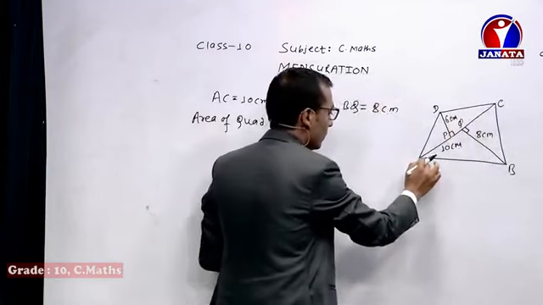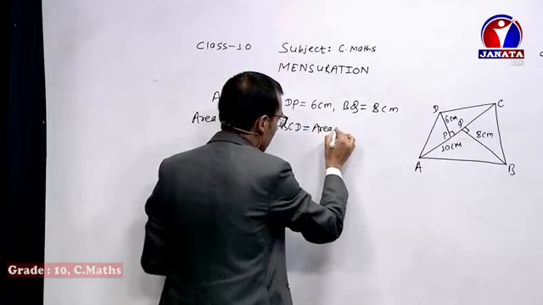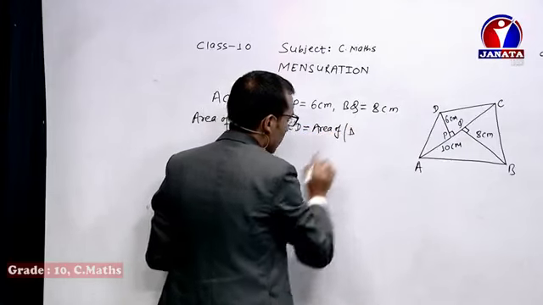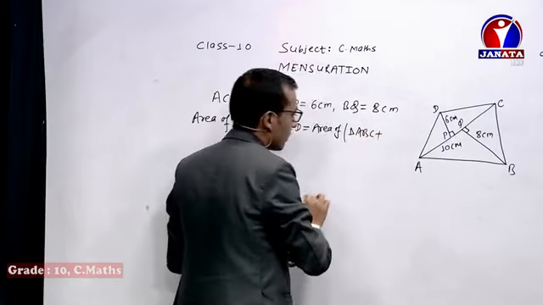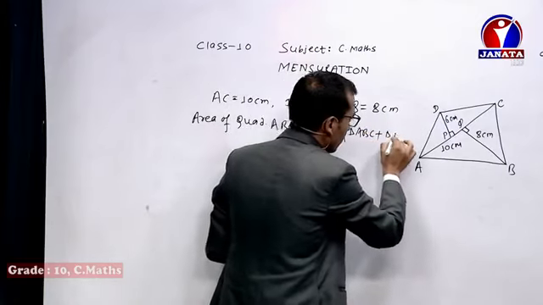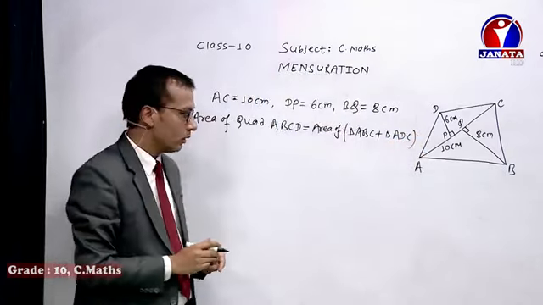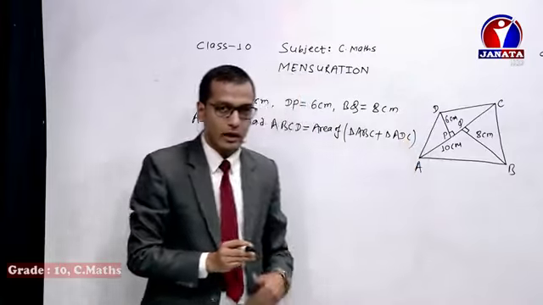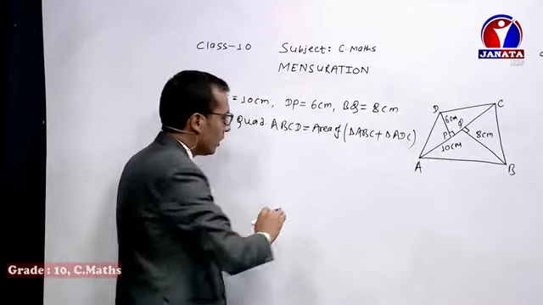Triangle ABC and triangle ADC. So this is equal to area of triangle ABC plus triangle ADC. We can add area of 2 triangles and find area of the whole figure, which is quadrilateral.